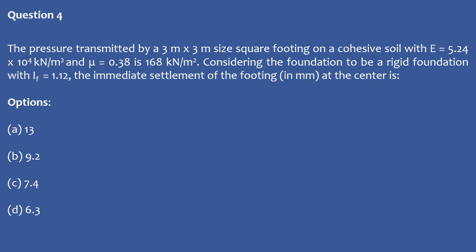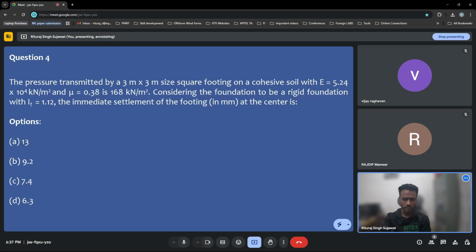Considering the foundation to be rigid, the IF value given is 1.12. You need to evaluate the immediate settlement of the footing at the center. There is a particular relation given for calculating the immediate settlement; you need to utilize it and find the value for this question.